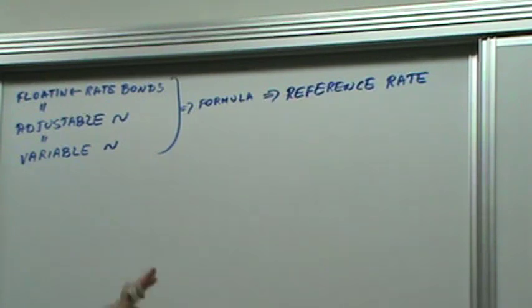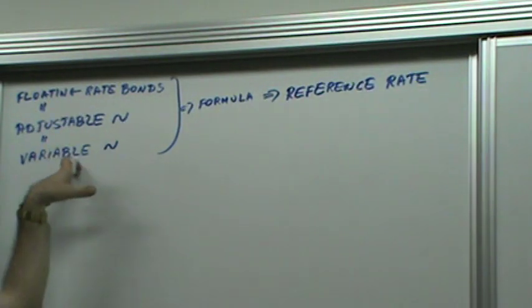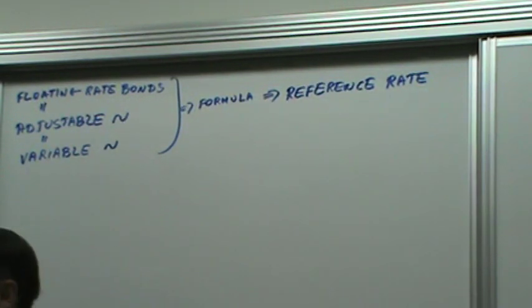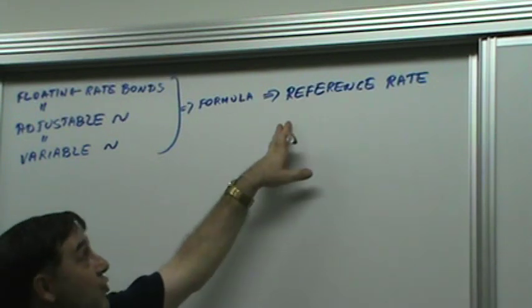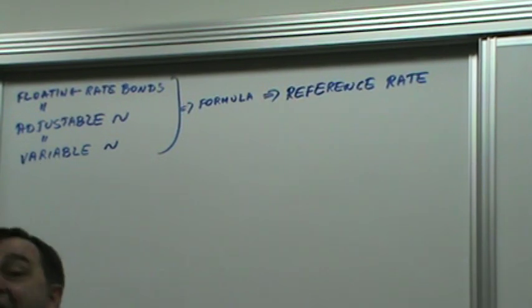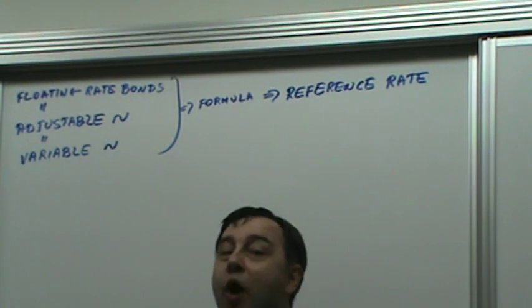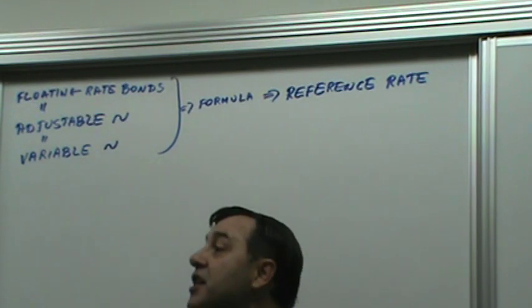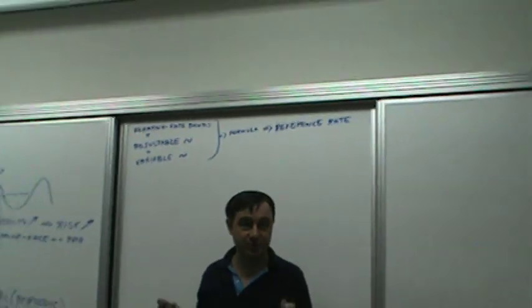I'm continuing the discussion of floating or adjustable or variable rate. All bonds have a reference rate, and this is usually LIBOR or some other widely recognized international benchmark.